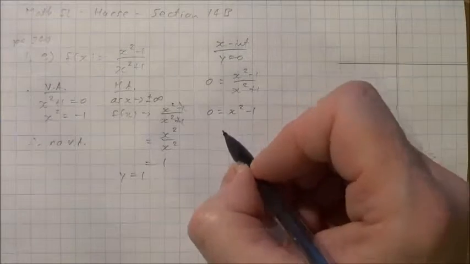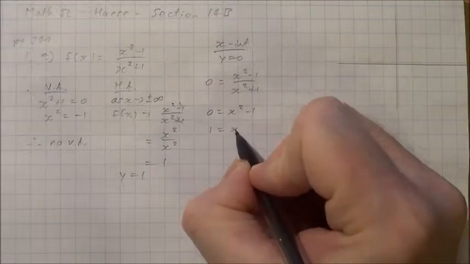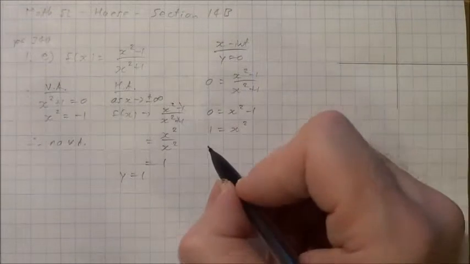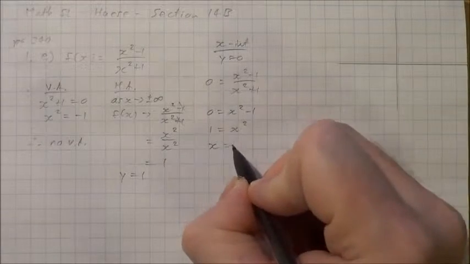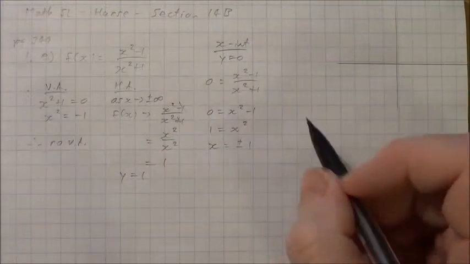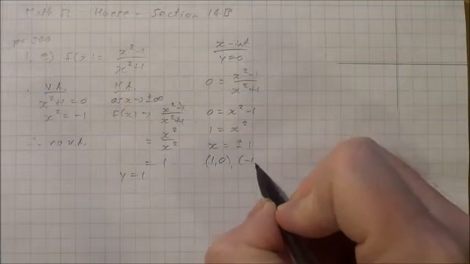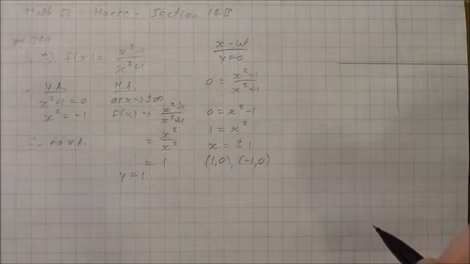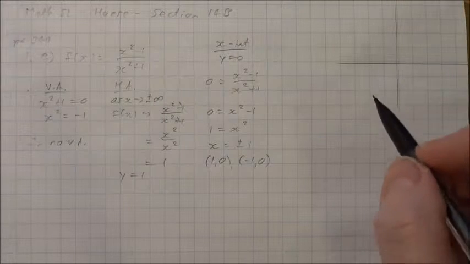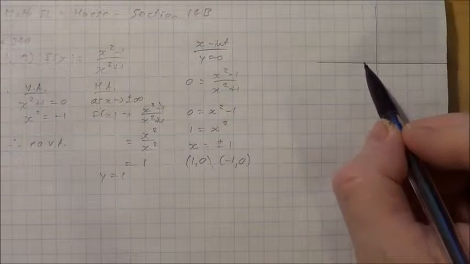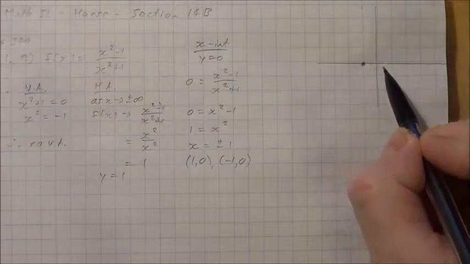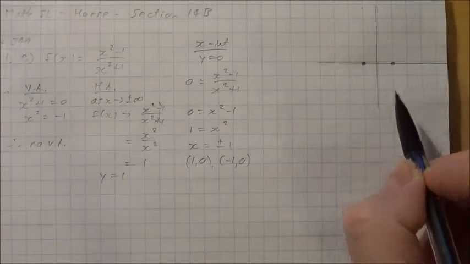Add 1 to both sides, you get 1 equals x squared, and taking the square root of both sides, x equals plus or minus 1. So those are the two x-intercepts, (1, 0) and (-1, 0), and we can plot those here on the Cartesian plane.